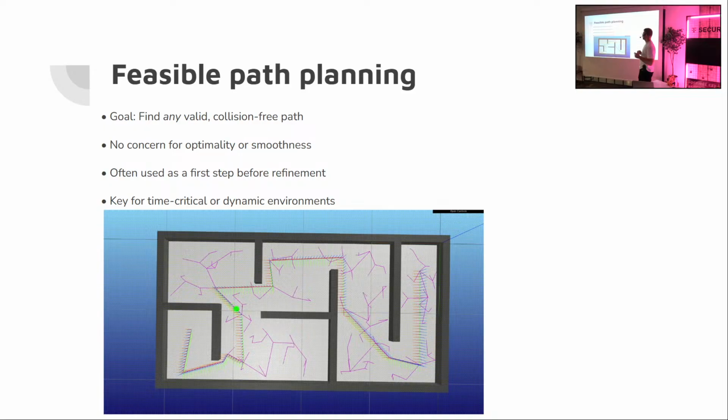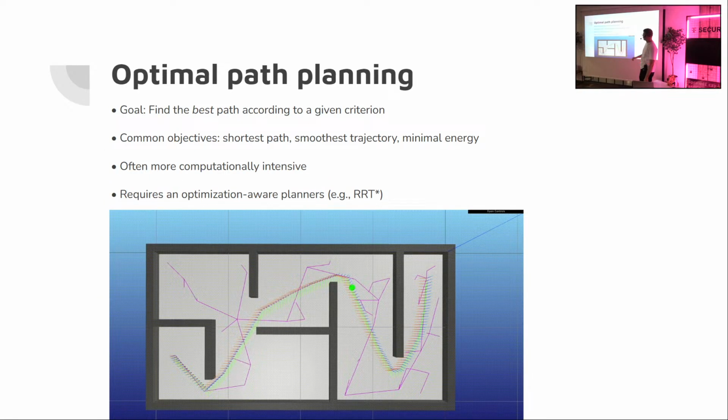And often, when we want a feasible path, we want our path fast. And the opposite of feasible path planning is optimal planning. And here, we want the best path which exists in our space, of course, according to given criteria like smoothest, shortest, minimal cost, minimal energy.